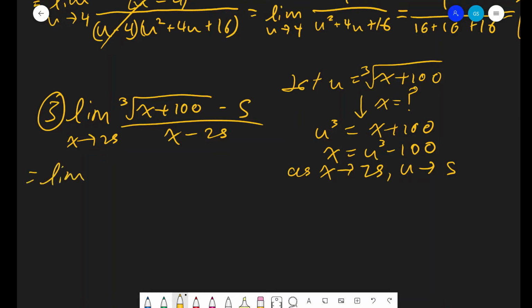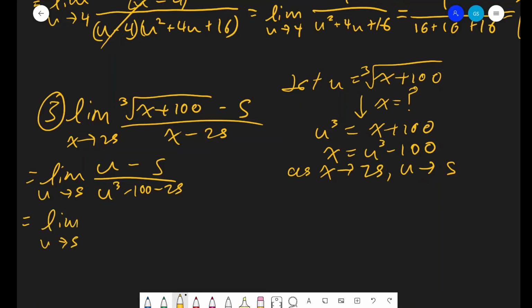The limit of u approaching 5, the cube root of x plus 100 is defined as u minus 5. In the bottom, x equals u cubed minus 100, so u cubed minus 100 minus 25 in the denominator.